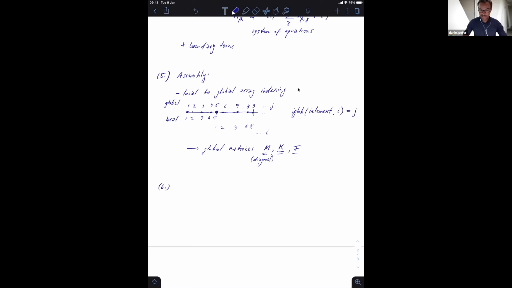What do we do with these global matrices? Time marching or? Right, yes, we still need the time marching. And so what we use here is called a predictor corrector scheme.